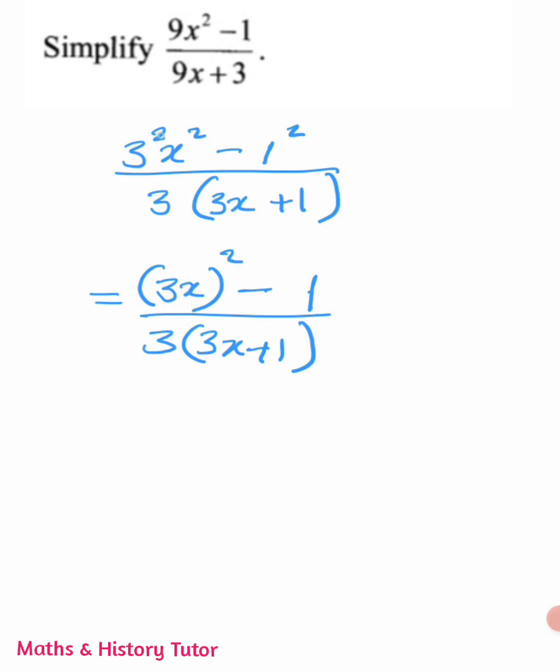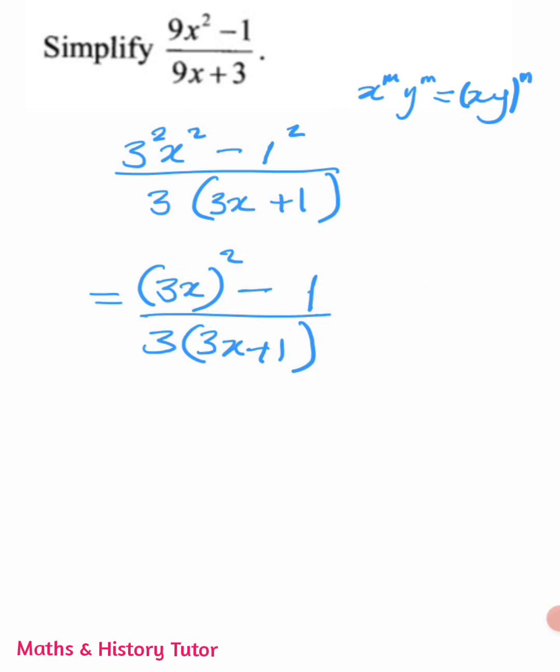There's a rule of indices which says if you have x to the power m, y to the power m, you can put the x and the y in brackets like that and put the m out there. So this is a rule of indices that I have used to simplify this.